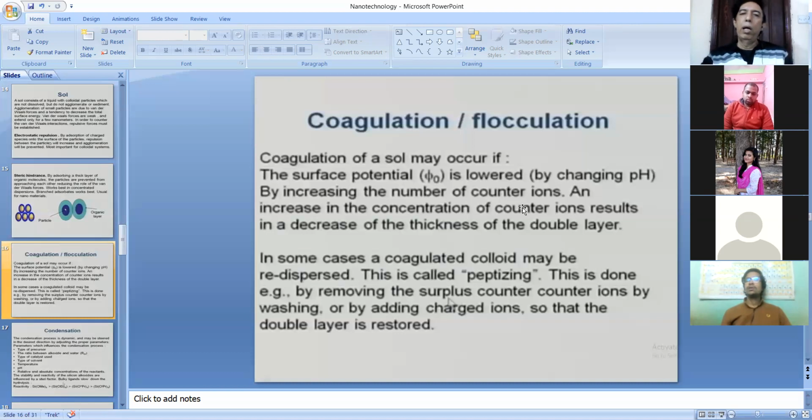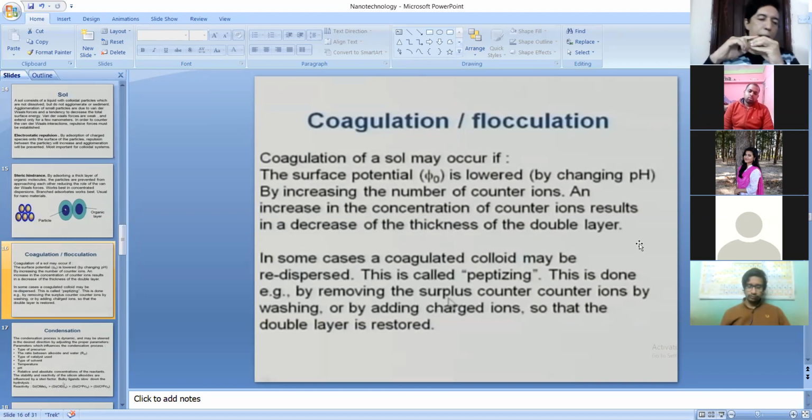Now, an increase of concentration of counter ion results in a decrease of the thickness of the double layer. What do you mean by counter ion? Counter ion means the salt surface has one type of ion. Say, for example, the salt surface has positive ion, and an increase of negative ion in the solution decreases the thickness of the double layer.